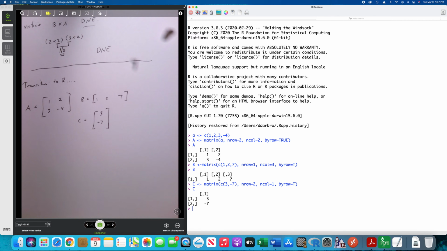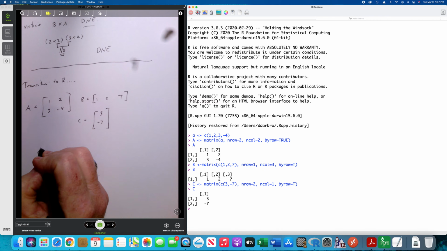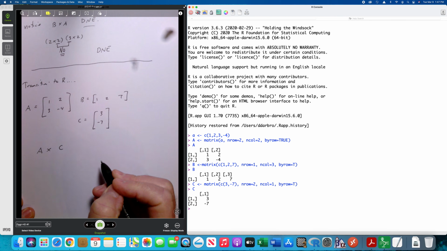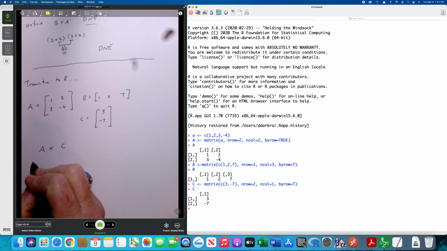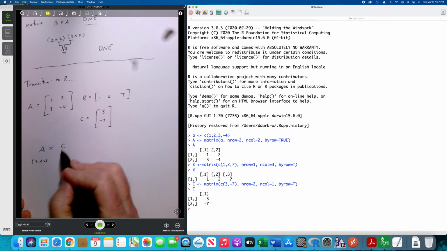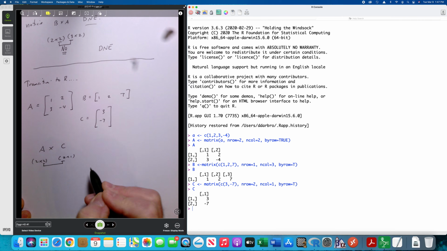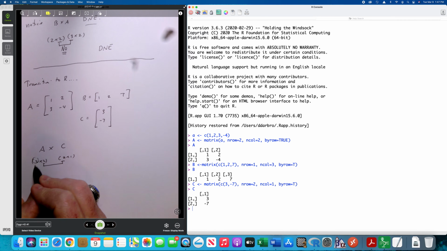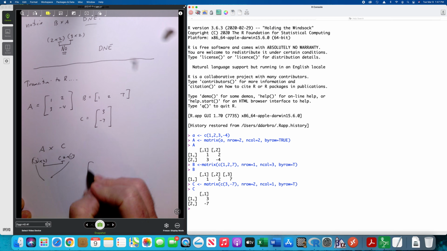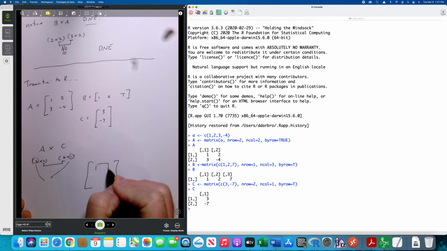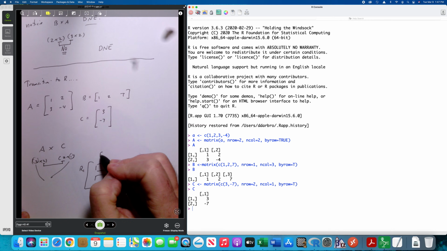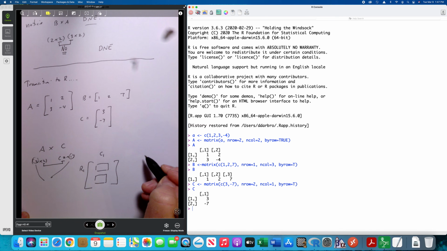Now, let's say, for example, I want to multiply A by C. So first of all, I would check, does the product exist? So I have a 2 by 2 and a 2 by 1. The number of columns of the first is equal to the number of rows of the second. So I am expecting a 2 by 1 matrix. Now, this first entry is going to be the linear combination of row 1, column 1.